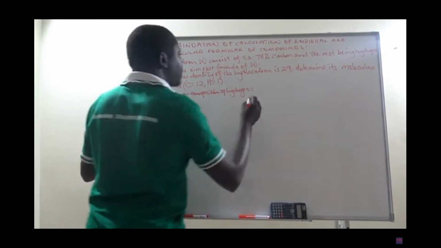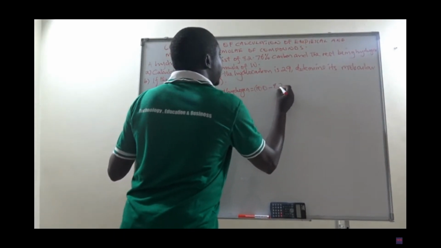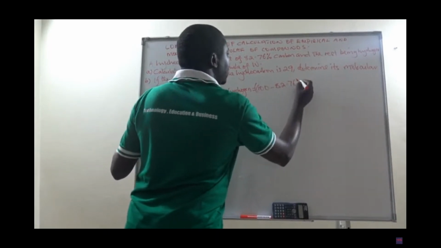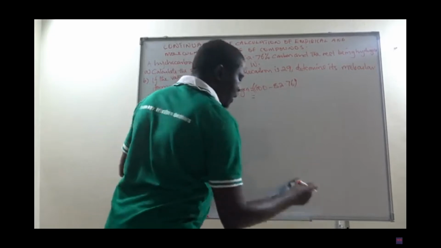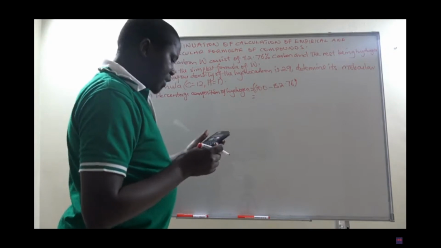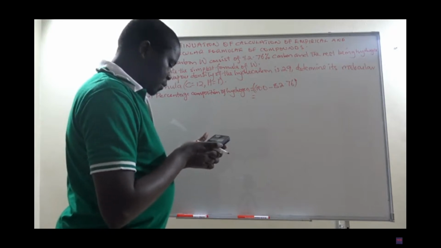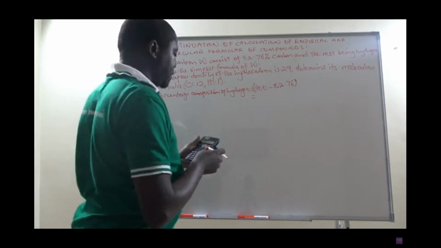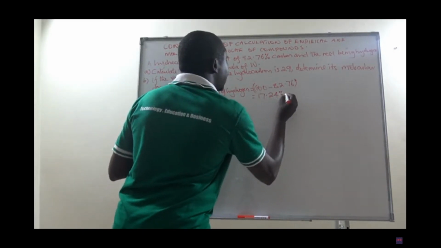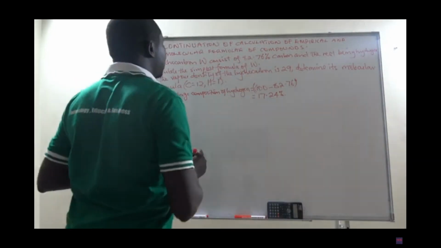The percentage composition of hydrogen will be 100 minus 82.76, and this gives us 17.24%. This is the percentage of hydrogen in this hydrocarbon W.